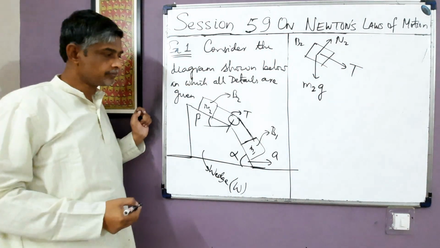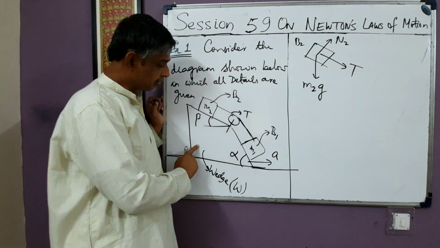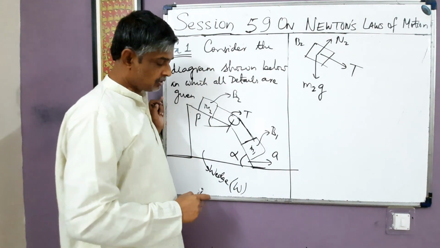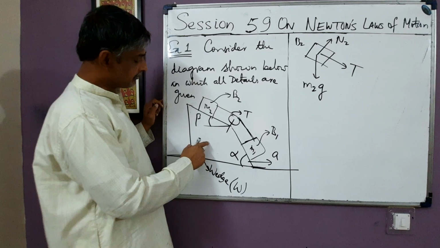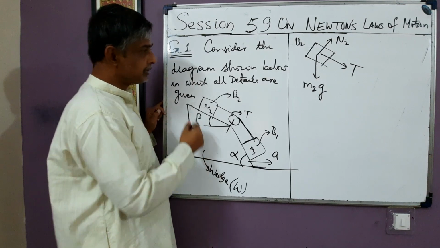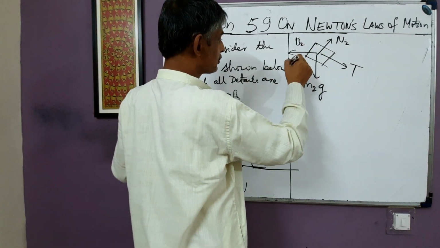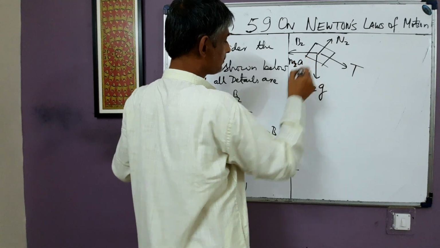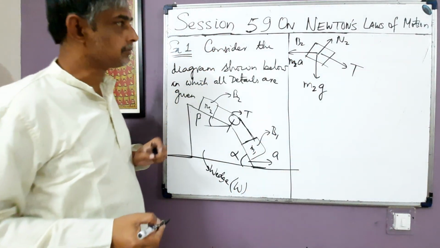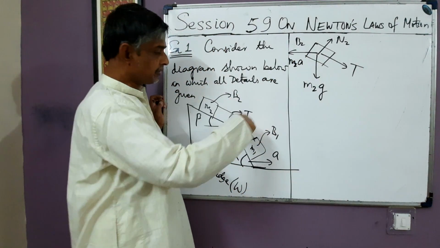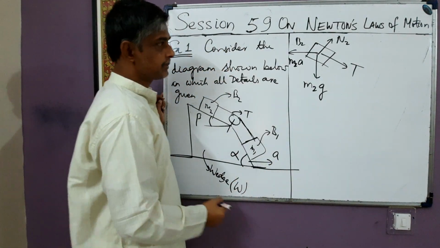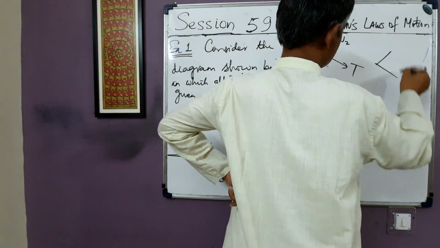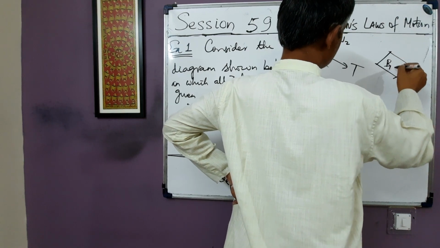Now this wedge is a translating non-inertial reference frame because it is accelerating with acceleration a with respect to ground. So as seen from the wedge, a pseudo force will act on block B2. Pseudo force will be M2a in leftward direction. This is the FBD of B2 as seen from the wedge. Similarly, I draw the FBD of B1 with respect to the wedge.